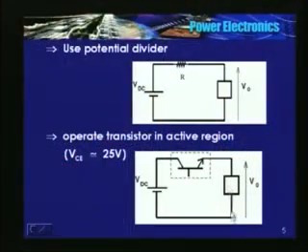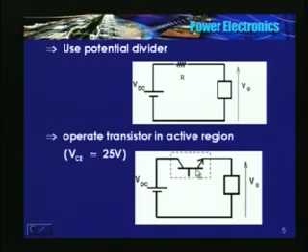Okay, this circuit is something like this. Input 30, output that I want is 5. The remaining 25 volts should drop across the BJT. So 25 into whatever the current flowing in the load is the power dissipated in the transistor.